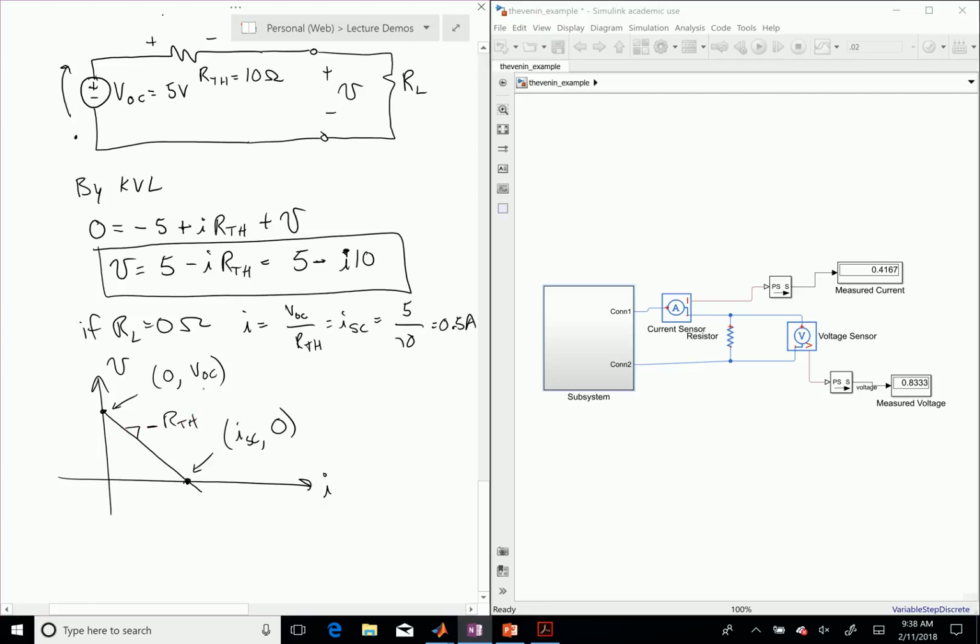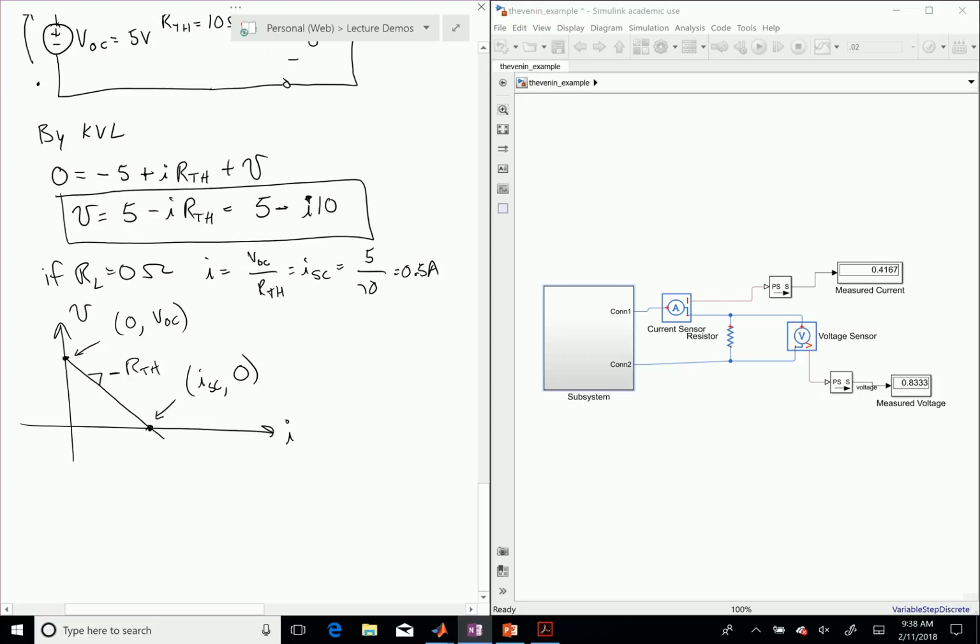The slope of that line is always equal to rise over run. In this case, the rise is negative VOC. As I go from here to here, I go down by VOC, and my current goes from 0 to I short circuit. The slope of that line is clearly negative RTH.